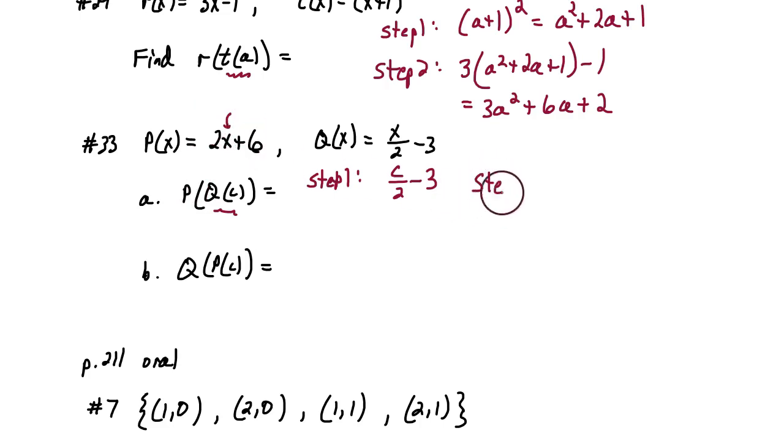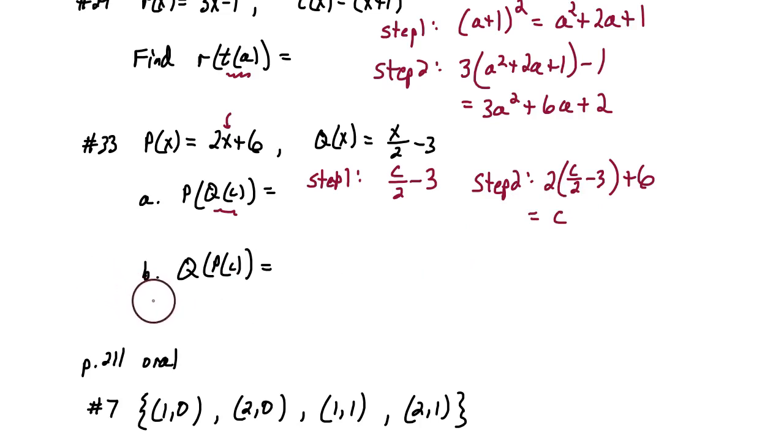That'll be our step 2. So we have 2 parentheses, and then fill in the c over 2 minus 3, and then plus 6. And let's simplify this. 2 cross cancels 2, leaving c. 2 times -3 is -6, and then when you add 6, you get nothing. The final result is just the letter c.